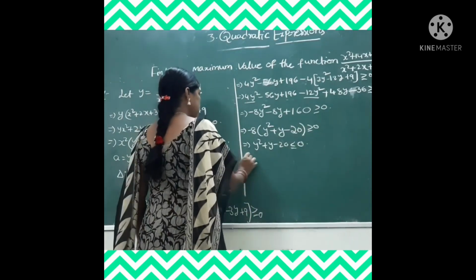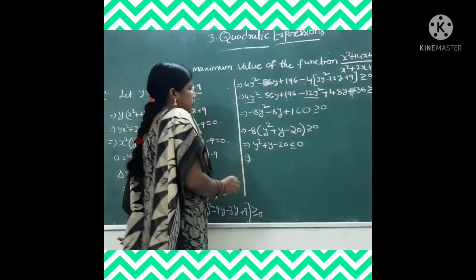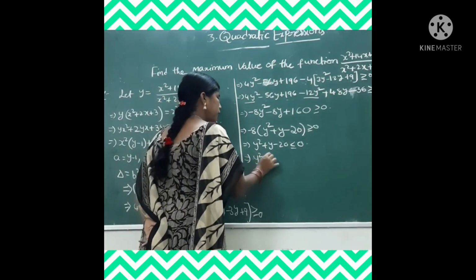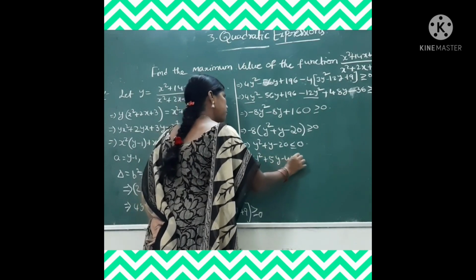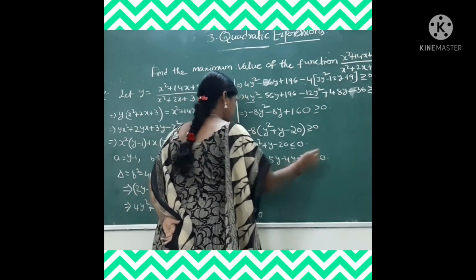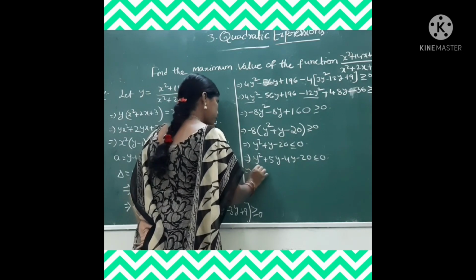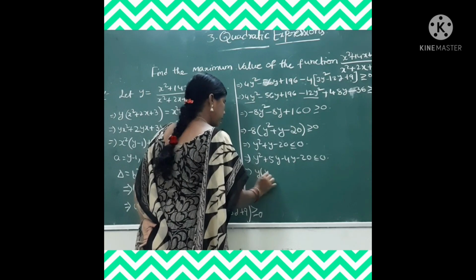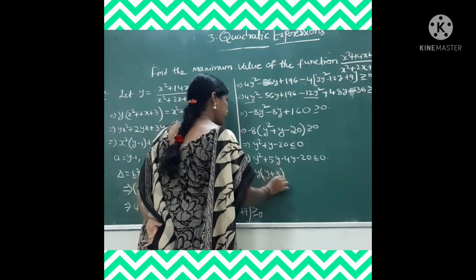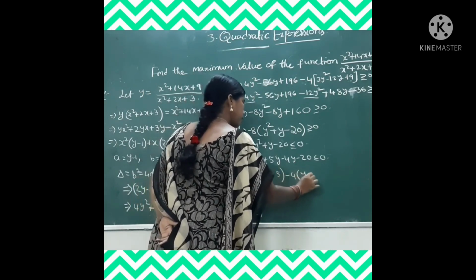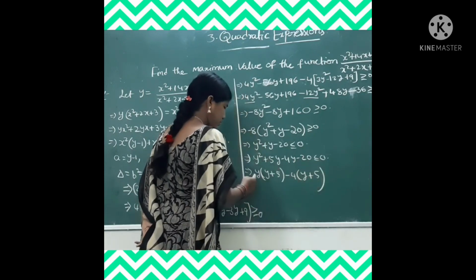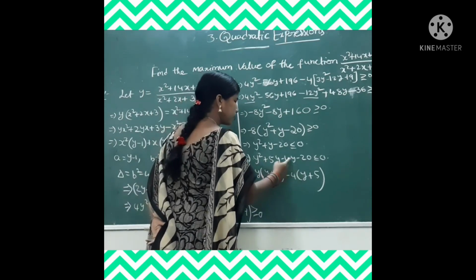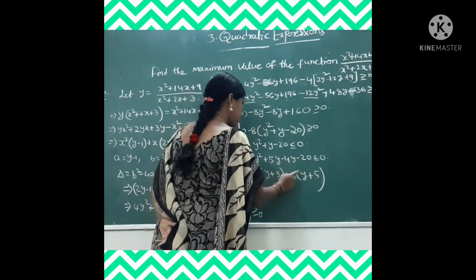So you get here y square plus 5y minus 4y minus 20 is less than or equal to 0. Here y into y is y square, y into 5 is 5y, minus 4 into y is minus 4y, and minus 4 into 5 is minus 20.